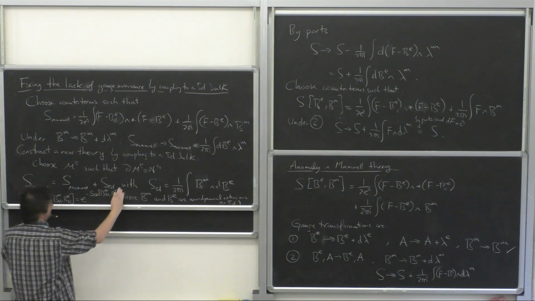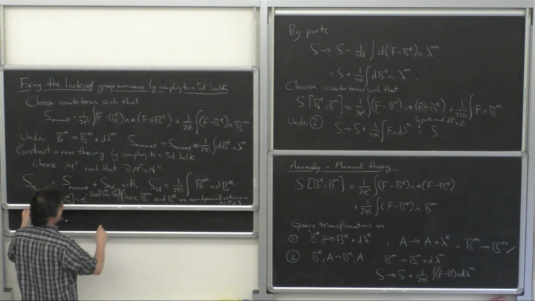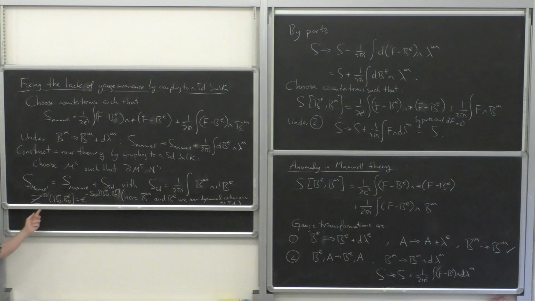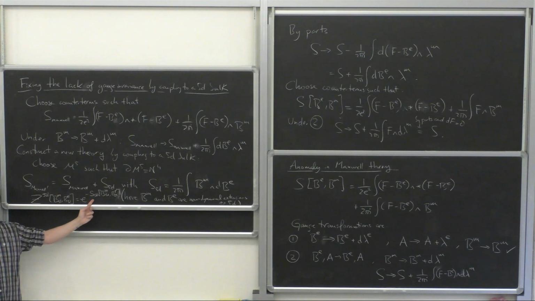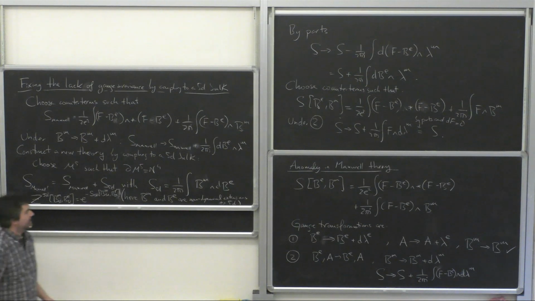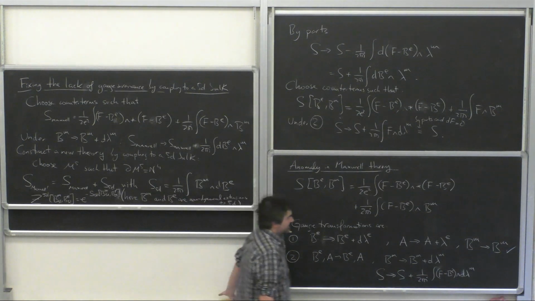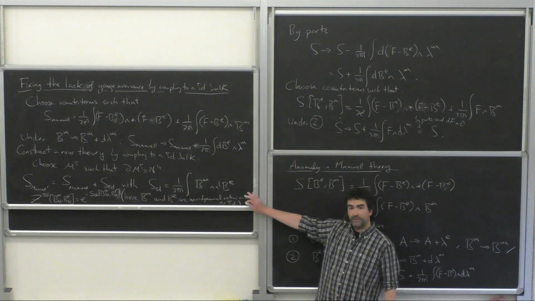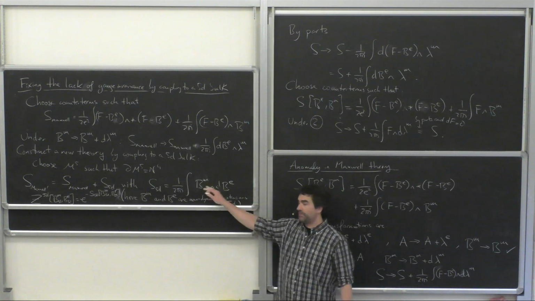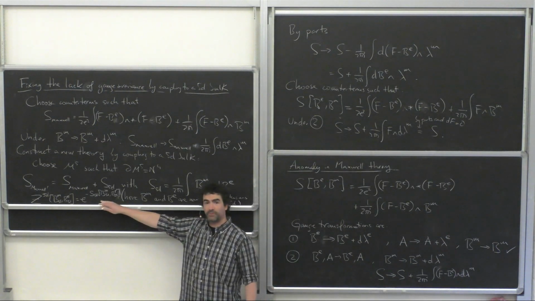Sorry for the mess, but hopefully this is clear. The point I'm making here is that there is no path integral. The partition function is simply the evaluation of the exponential. So this is a theory with no dynamical fields, but it depends on some background fields, and it depends on the background fields in this way. It's a theory of purely counter terms, if you want.